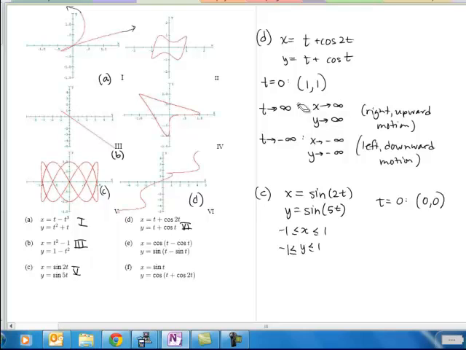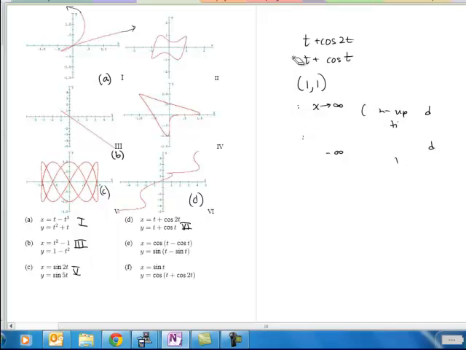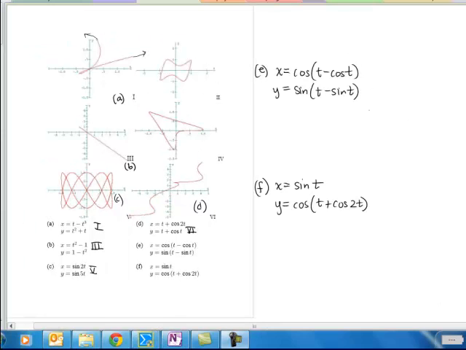So let me erase this. So the remaining pairs of equations we have are E and F, and the remaining graphs are 2 and 4. Notice that for these sets of equations, the only one that's very familiar to us would be x equals sine t.